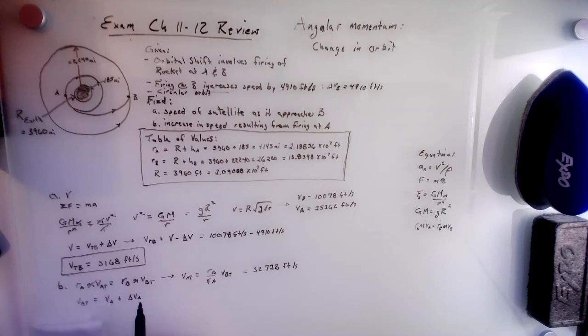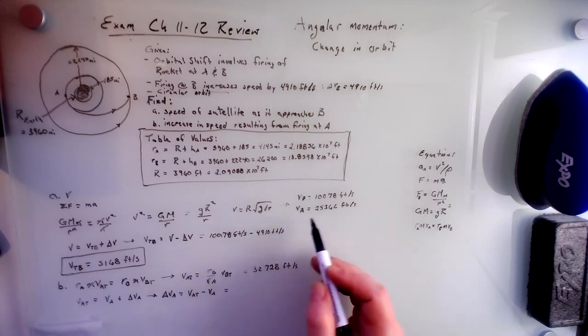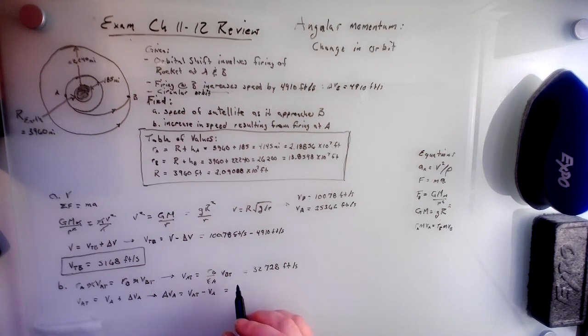And we're interested in delta VA, so by extension, delta VA is equal to the difference between these two, VAT minus VA, and that is 32,728 minus 25,362, and 32,728 minus 25,362 is 7366.